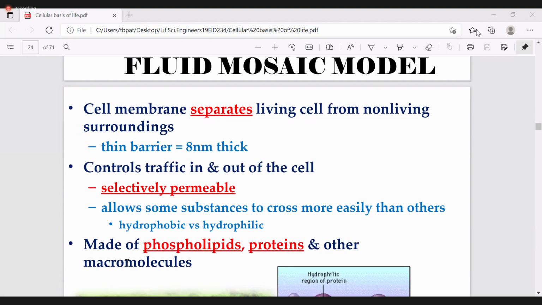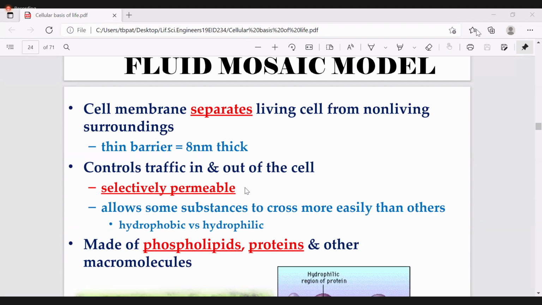Next is the cell membrane. It separates the living cell from the non-living surroundings. It is a thin barrier, 8 nanometers thick. It controls the traffic in and out of the cell. In Monday's class we already identified that it is selectively permeable only.